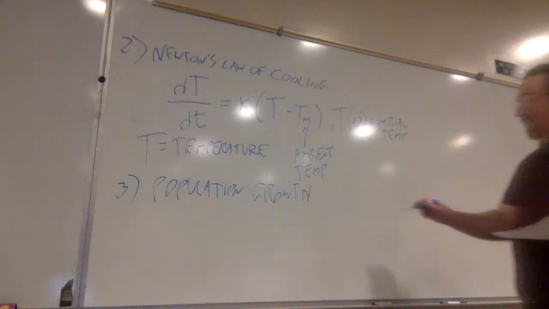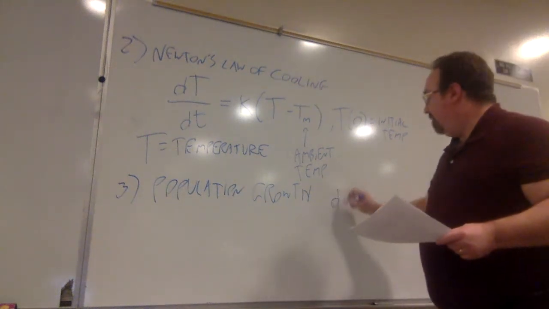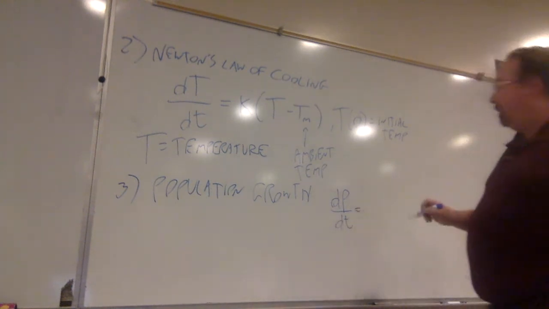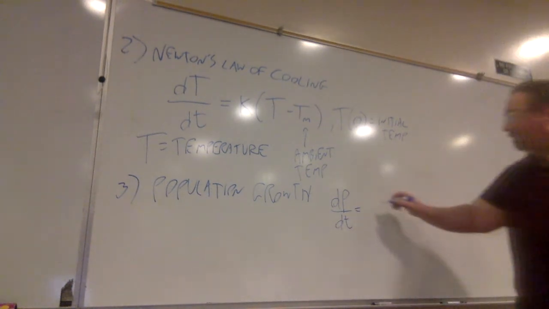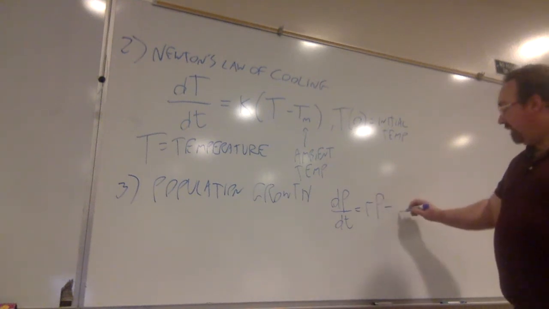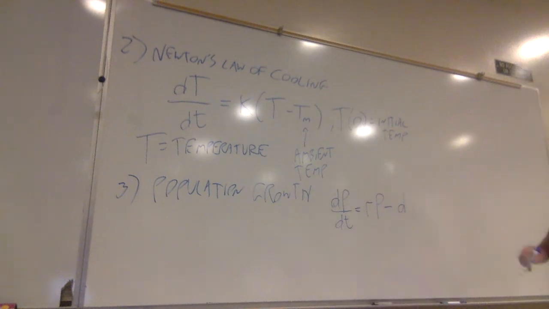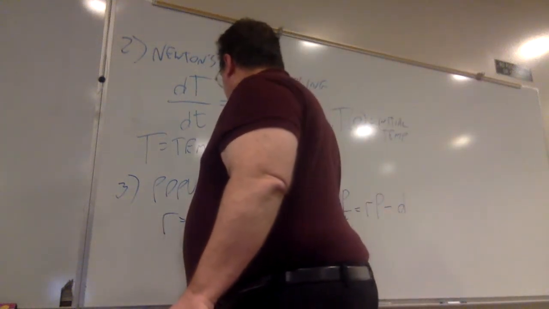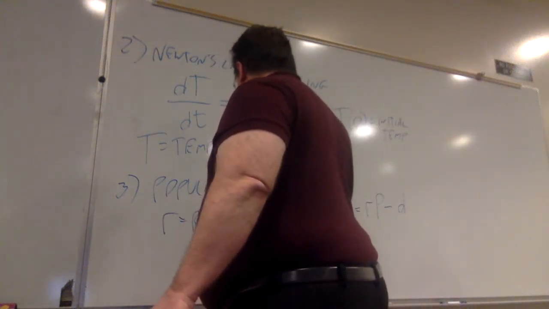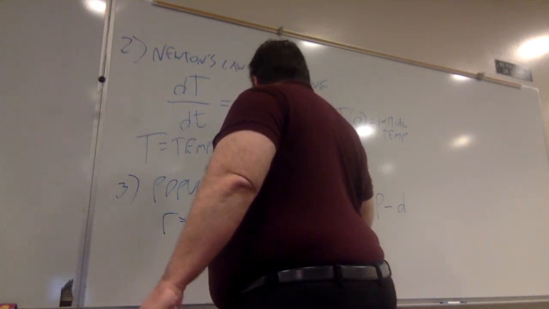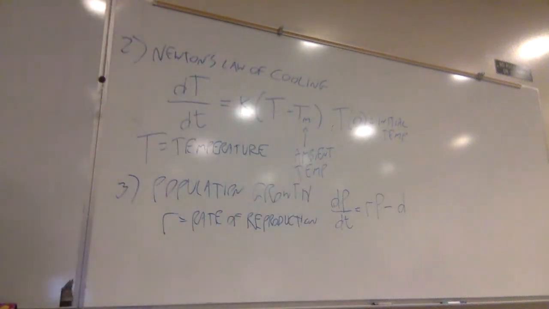If P refers to population, then we could model population growth using equations such as this: constant R times the population minus the constant D, where R is the rate of reproduction.